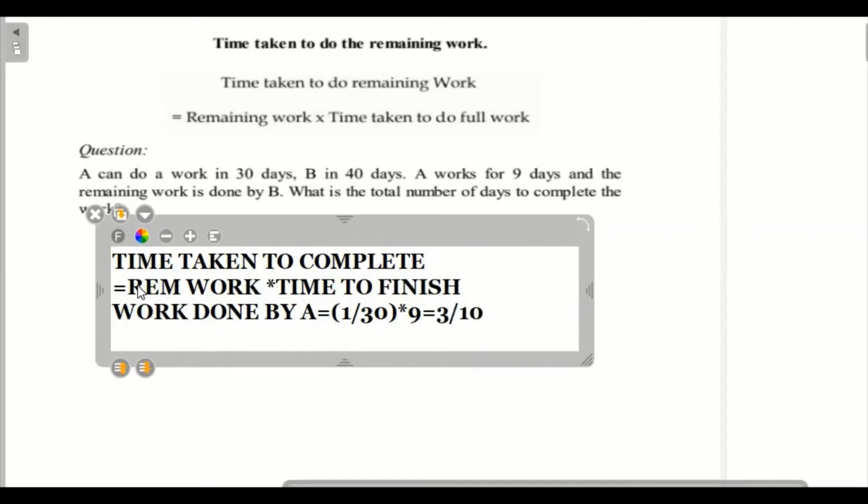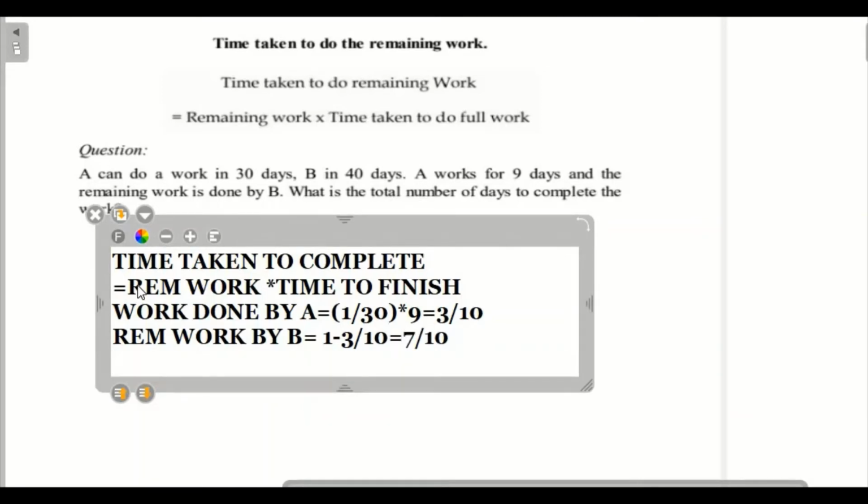So the remaining work is done by B. So remaining work by B equal to 1 minus 3 by 10. So this is 7 by 10.